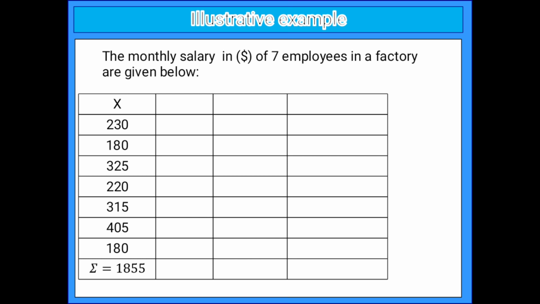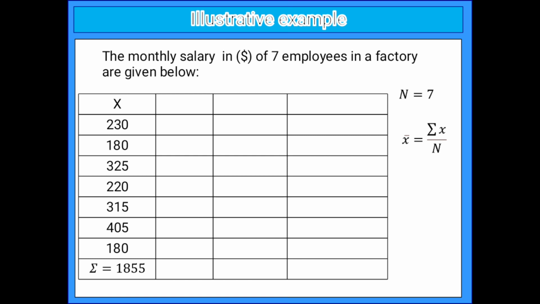Just add all of those. From the given problem itself, it says that we have 7 employees in a factory, so our n will be 7, or the size of our distribution is 7.